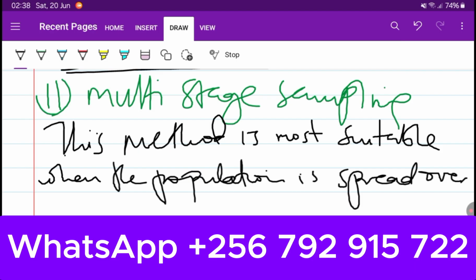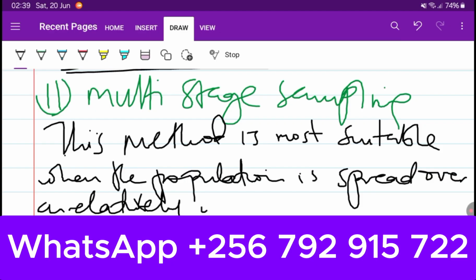over a relatively wider geographical area or location.